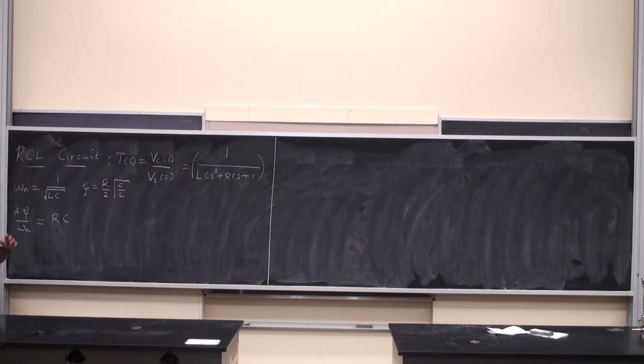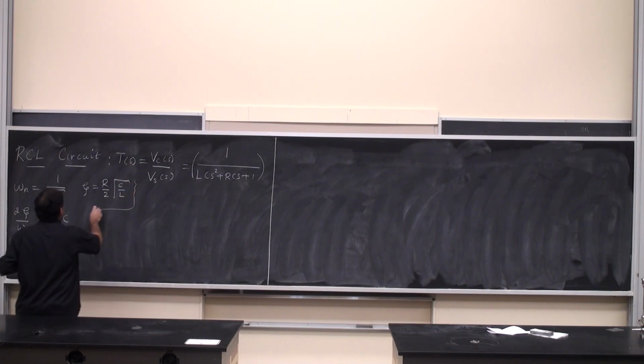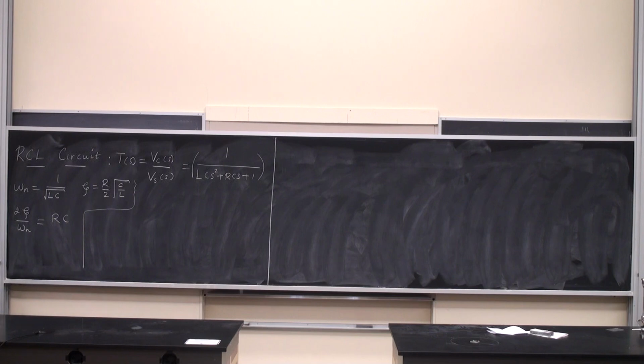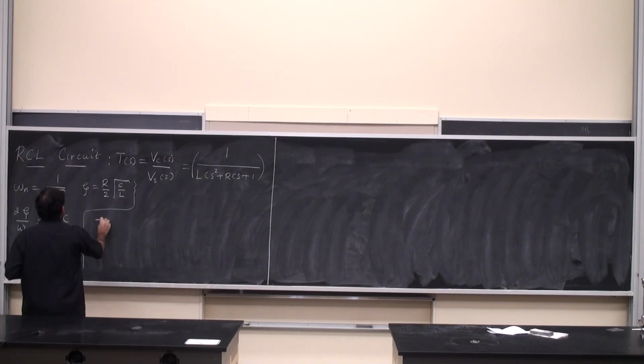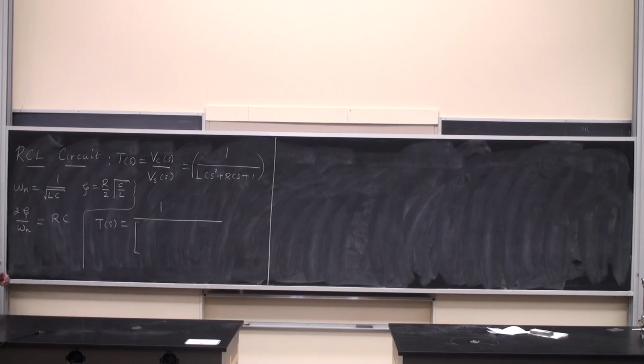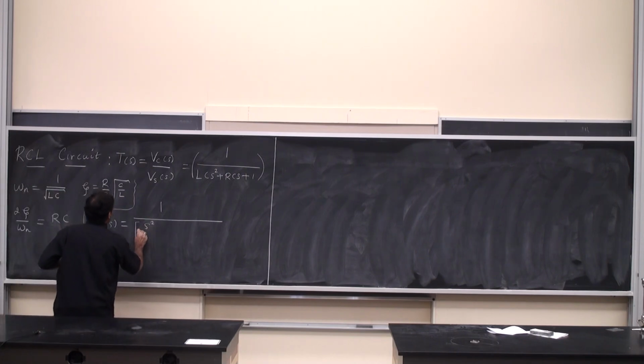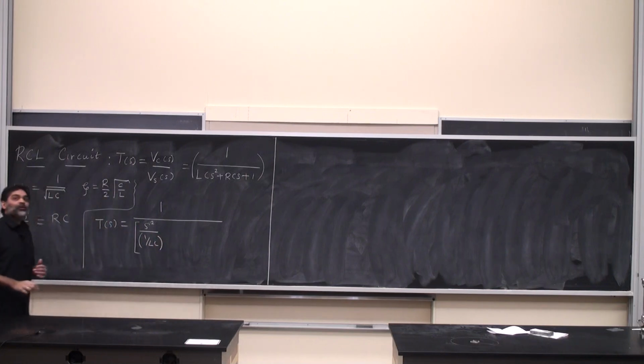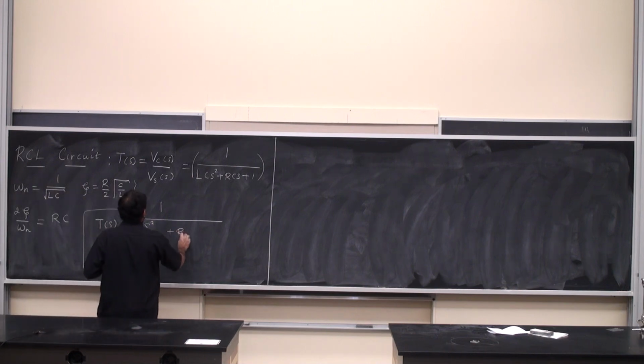And so we take all of these and we substitute this into the transfer function. So we write the transfer function as the following. T of S is 1 over this LC times S square, we write it as S square divided by 1 by L times C, okay? And then RC, I just leave it like that, plus 1.